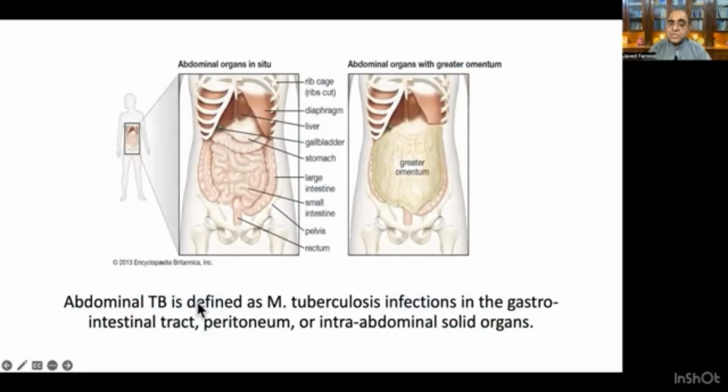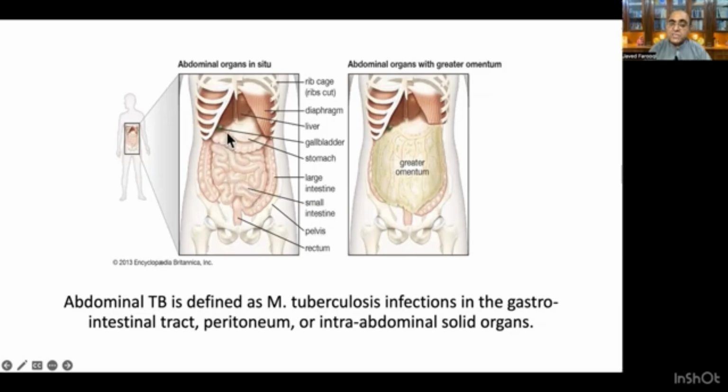Abdominal tuberculosis is defined as Mycobacterium tuberculosis infection in the gastrointestinal tract, peritoneum, or intra-abdominal solid organs. It doesn't mean only the GI organs.